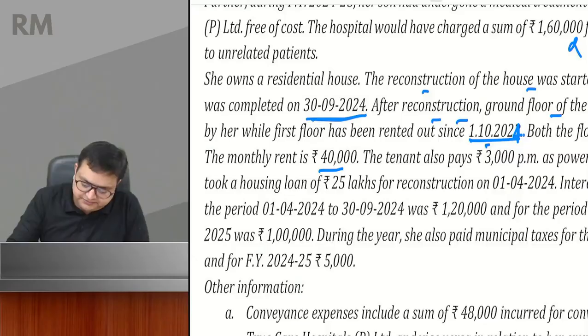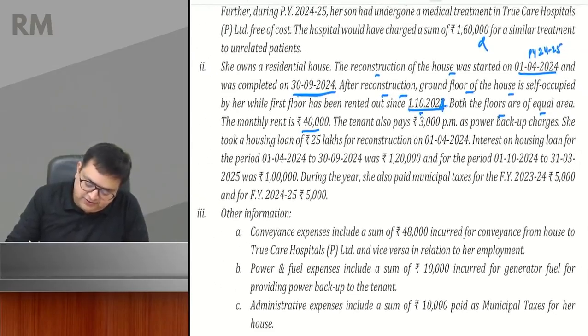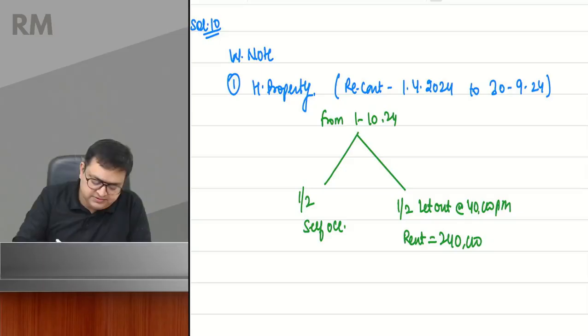They are saying both the floors are of equal area. The monthly rent is 40,000. The tenant also pays 3,000 as power backup charges. This is the extra amount which the tenant is paying as power backup charges.